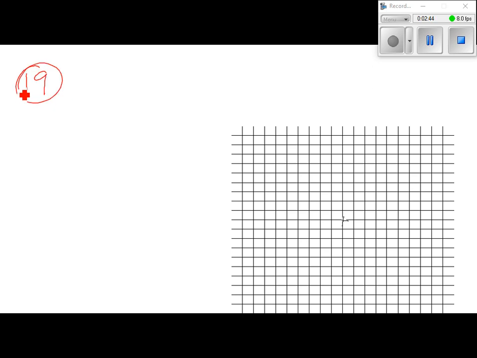19, how about 19? Anybody have trouble with those? Just using the formula, right? Except this formula looks more like this. See this one, 5, 11, and the other point was 3, 1, thank you.